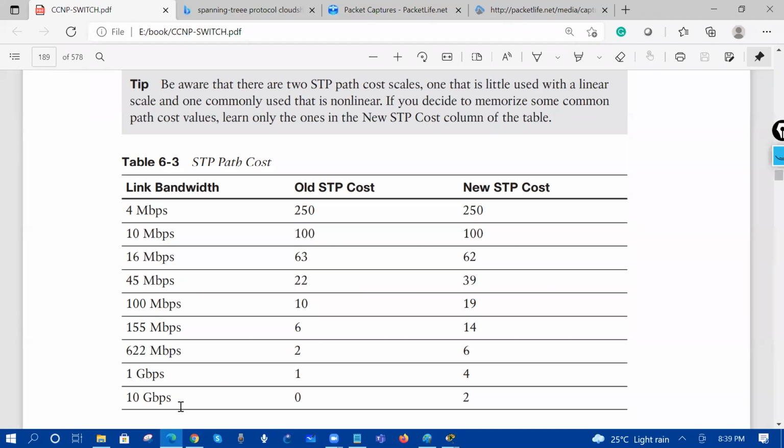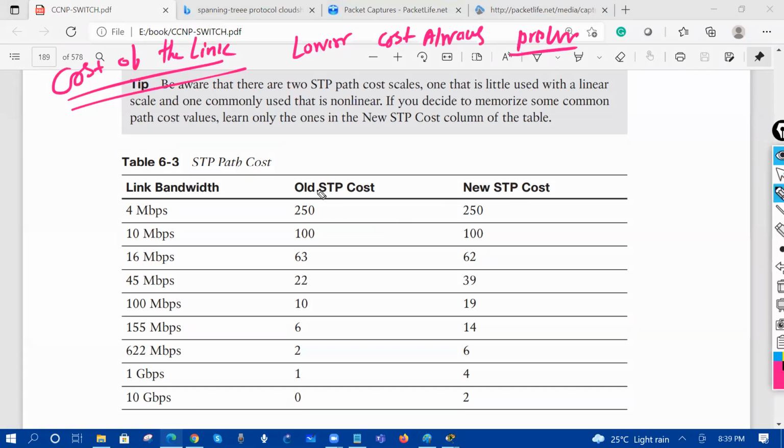Link bandwidth, old cost, you don't need to look at this part. You have to look at this one. Depending on the bandwidth, the cost changes.